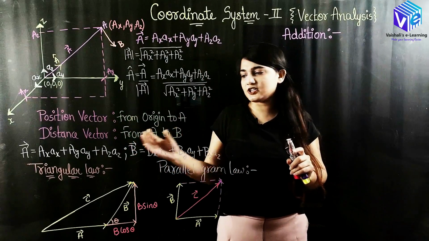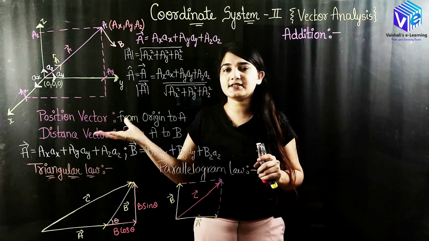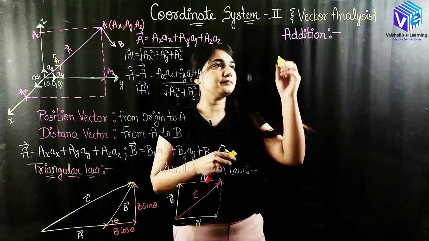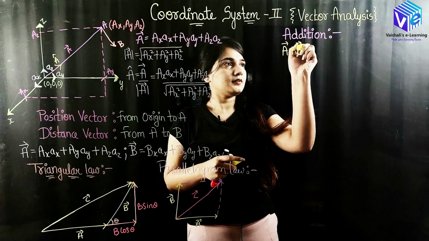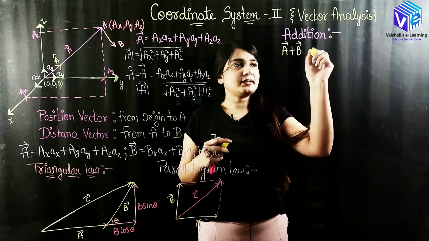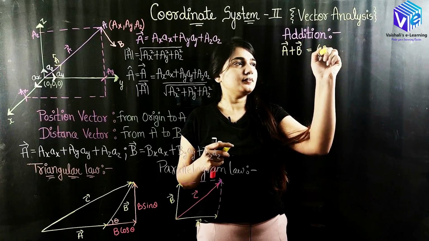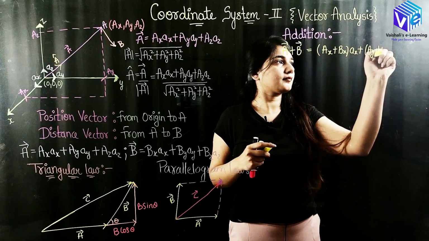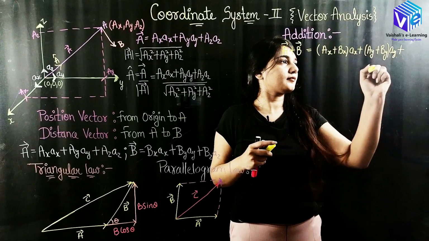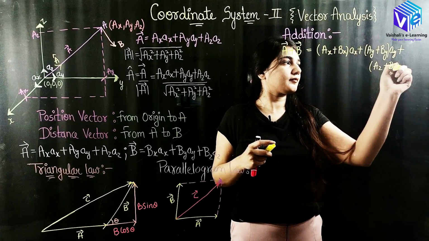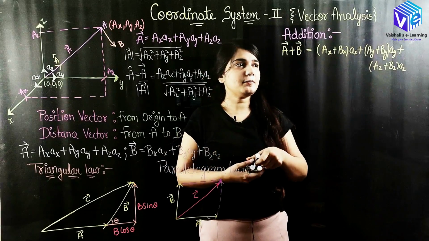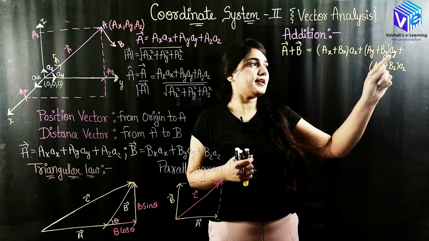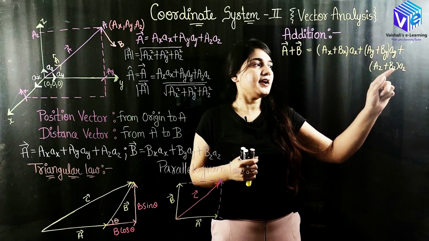Now coming to vector addition. Let's suppose I have two vectors, A vector and B vector. How can I represent the vector addition between these two vectors? Vector addition is represented as A vector plus B vector, which is equal to (Ax plus Bx) in the direction ax, (Ay plus By) in the direction ay, and (Az plus Bz) in the direction az.